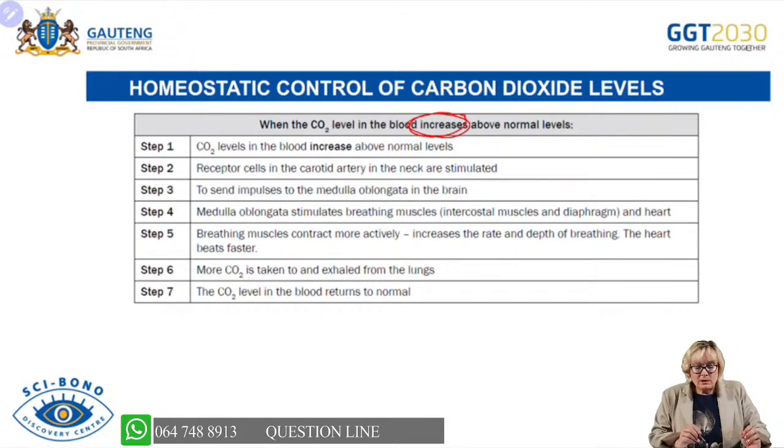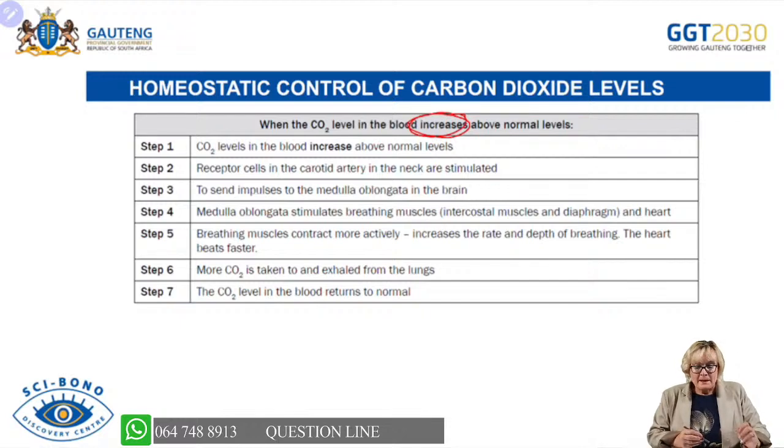The medulla oblongata stimulates breathing muscles, which is your intercostal muscles and your diaphragm, and your heart. Breathing muscles contract more actively, increasing the rate and depth of breathing. The heart beats faster. More CO2 is taken to and exhaled from the lungs, and step 7, the CO2 level in the blood returns to normal.